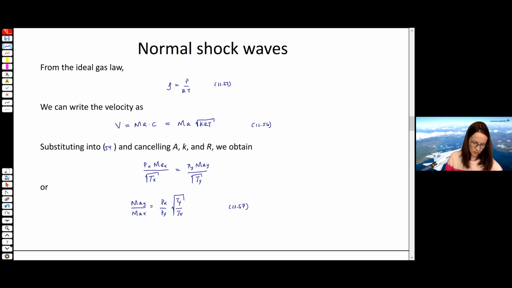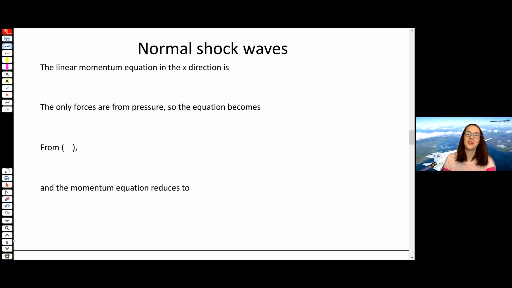All right, so we've used the continuity equation so far. We've used the ideal gas law. What do you think comes next? If you think it's the linear momentum equation, you're right.